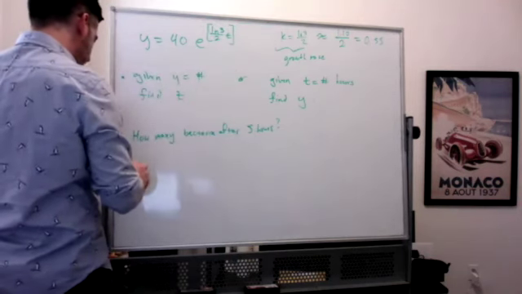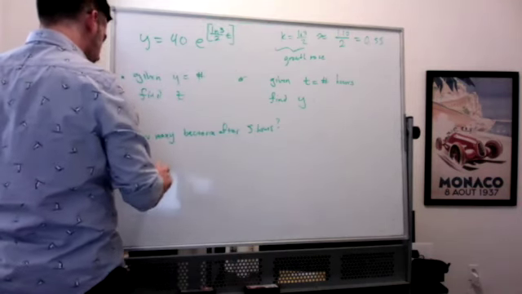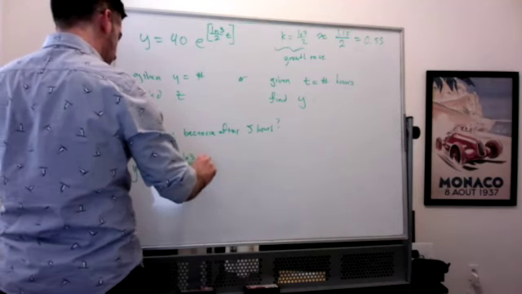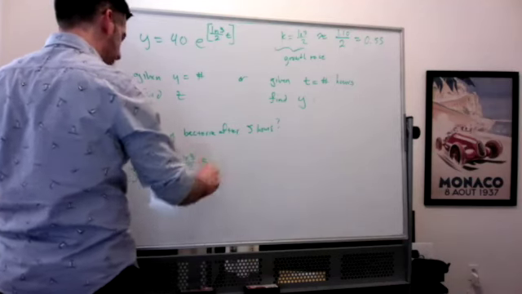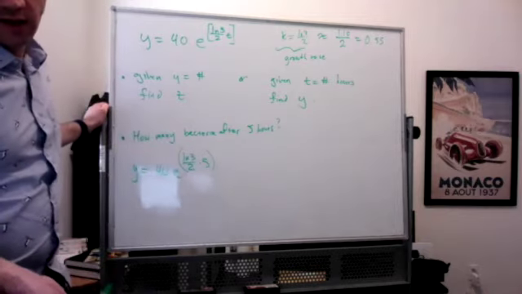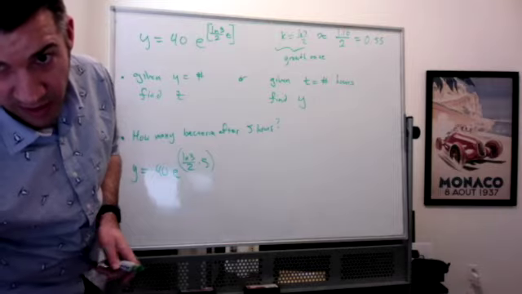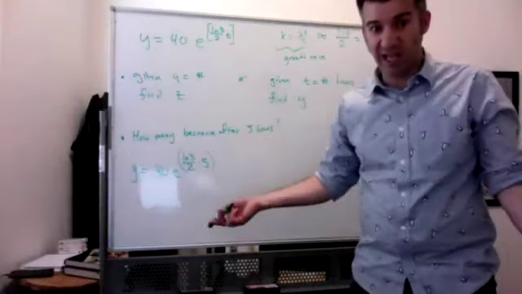So the amount of stuff y is going to equal 40 e to the natural log of 3 over 2 times 5. And really, depending on the way the question's asked, we might just leave it like this. So if someone said how much stuff is there and we didn't have a calculator, that's kind of our answer.